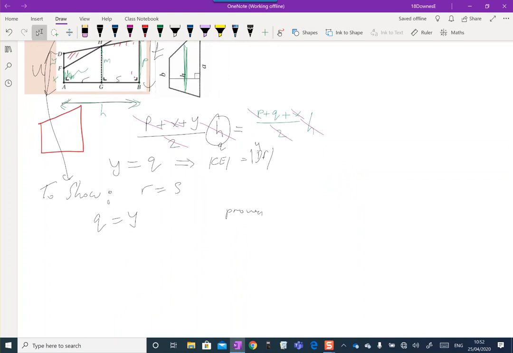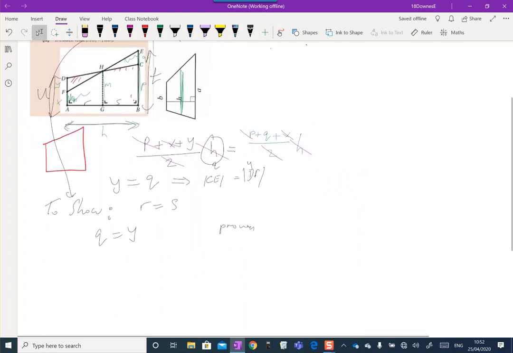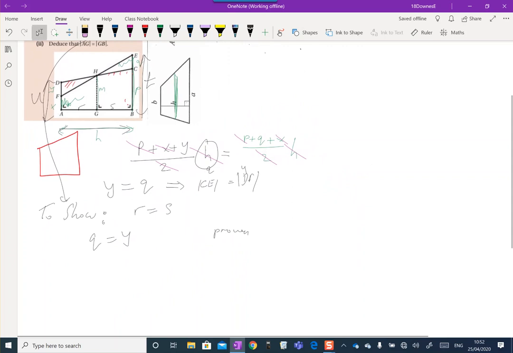Okay. Let's do. I don't need that. So basically, what I need to show is it's easy. I know what I want to say, but this maybe is what makes proof difficult to a certain extent.